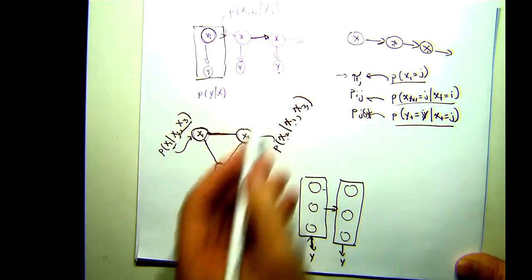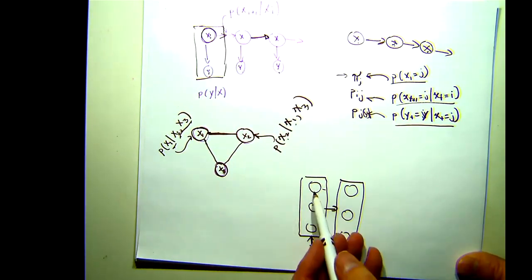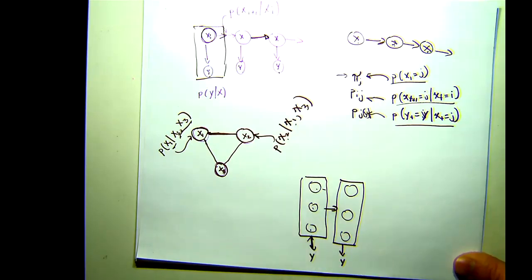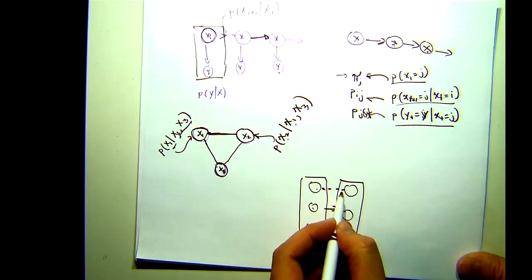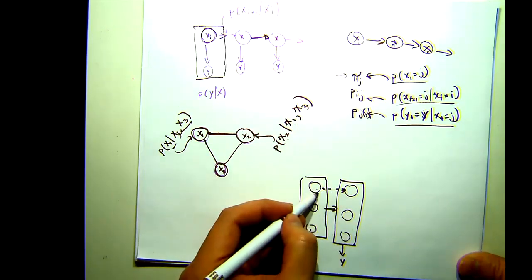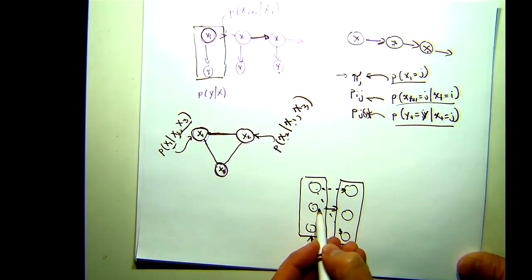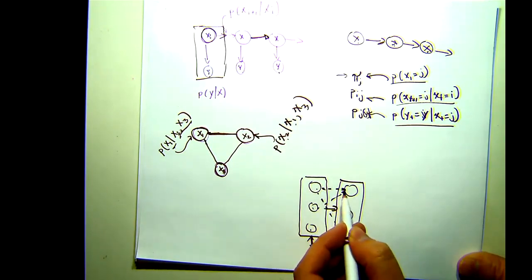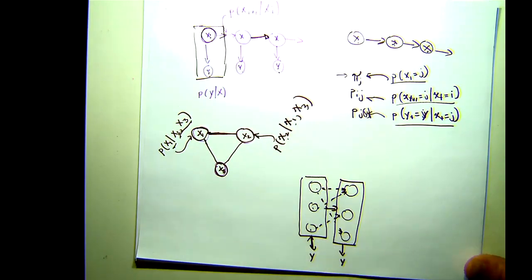This is this diagram drawn out as a trellis, where you have possible states inside. But remember, we talked about how some states only transition to certain other states. So when we draw the trellis, we say state 1 can go to state 1, state 1 can go to state 3, state 2 can go to state 1, and state 3 can go to state 2, or something like that. So there is a difference there.